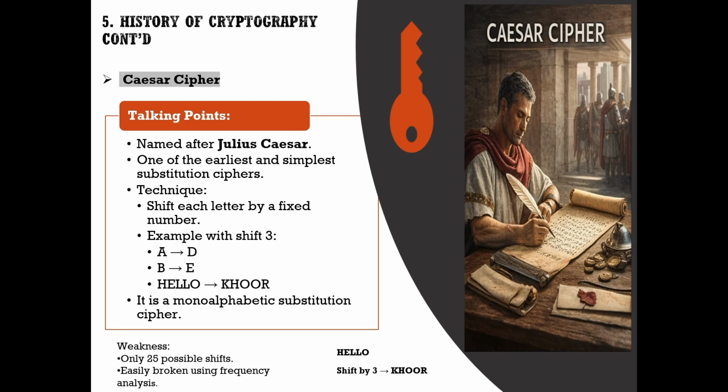We have the alphabet from A to Z, and if you are given the key of shifting by 3, then A would equate to D. When you type the word HELLO, it would be transcribed to KHOOR. This is a monoalphabetic substitution cipher.